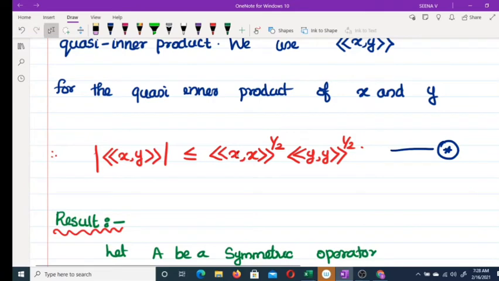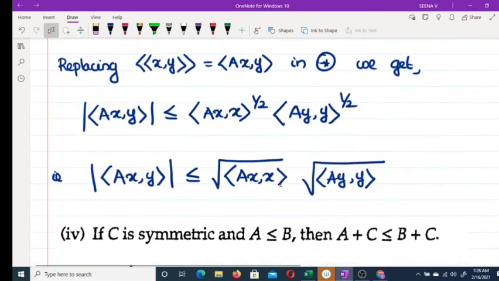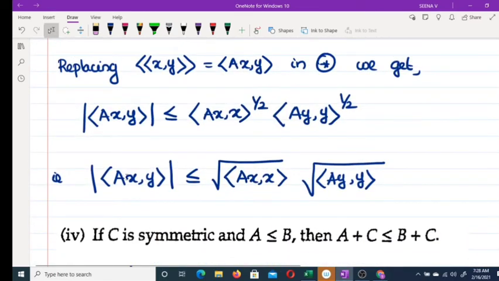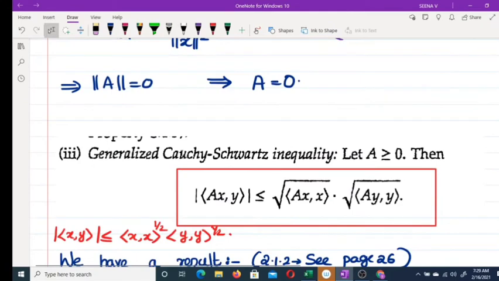So this is inner product axx and this is inner product ayy. So we get this one, and this is our third property: inner product axy less than or equal to root of inner product axx into root of inner product ayy.